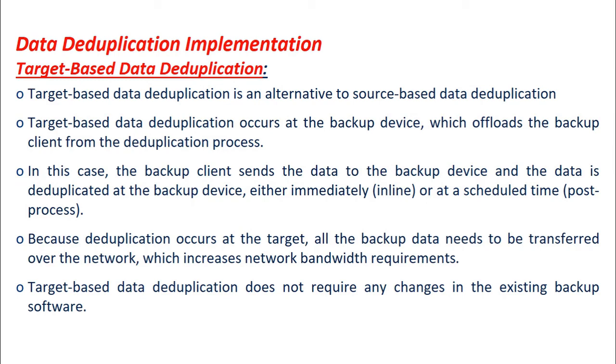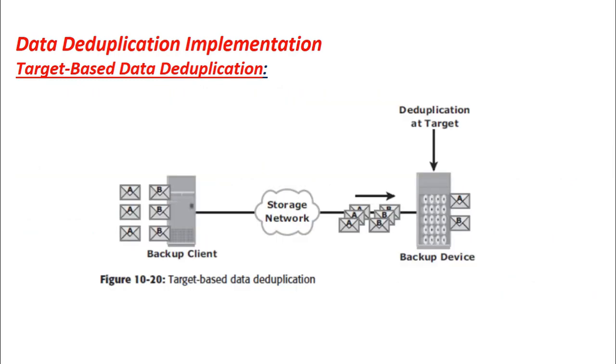Similarly, we also have target-based data deduplication. Target-based data deduplication is an alternative to source-based data deduplication. It occurs at the backup device, which offloads the backup client from the data deduplication process. It is shown in this particular diagram.